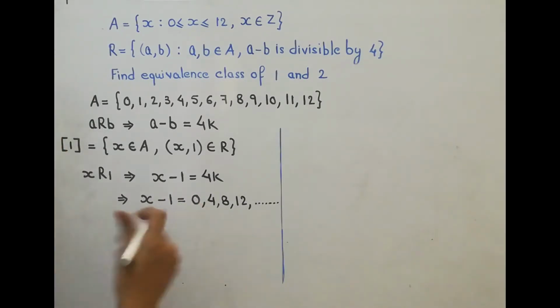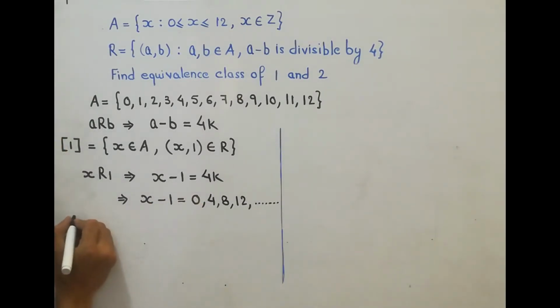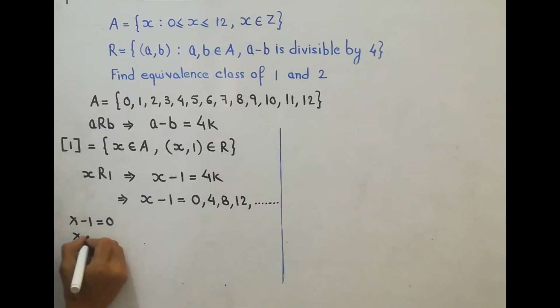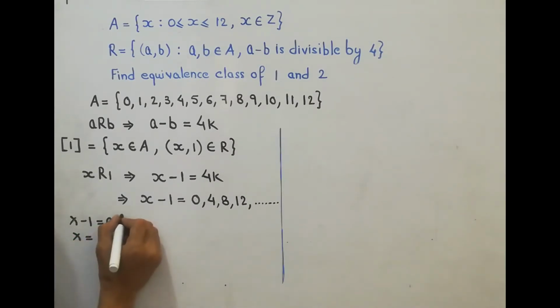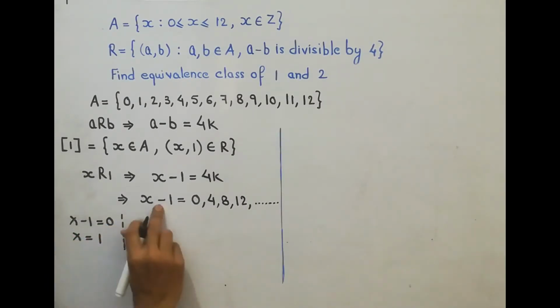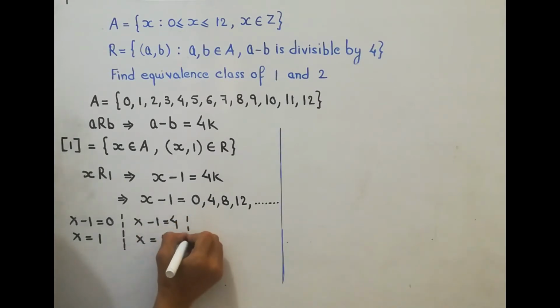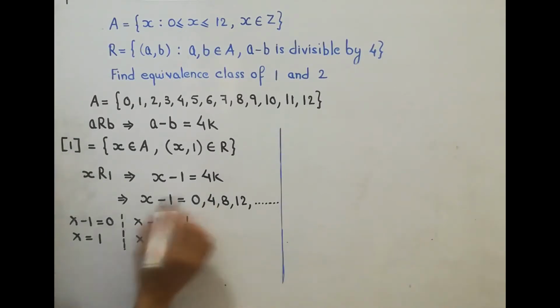Now if you are solving for 0, you are going to write it like this. X minus 1 is equal to 0. So x is equal to 1. Solve it for the next one. Solve for the next.